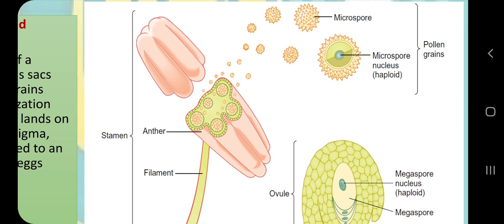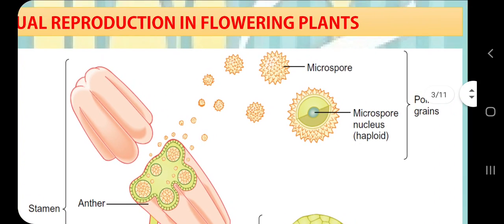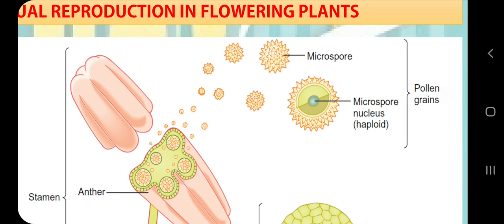It means if microspore divides and produces 2 cells, the 2-celled structure is called a pollen grain, and the maximum number of cells in a pollen grain is 3. So this male gametophyte is very tiny. That is why we are referring to this as microspore, and in this diagram they are also referred to as pollen grains.